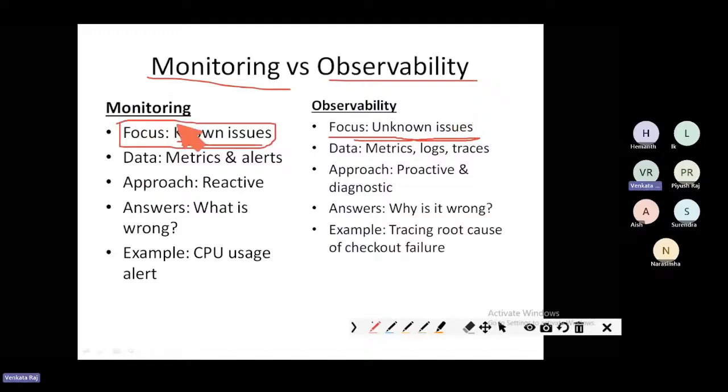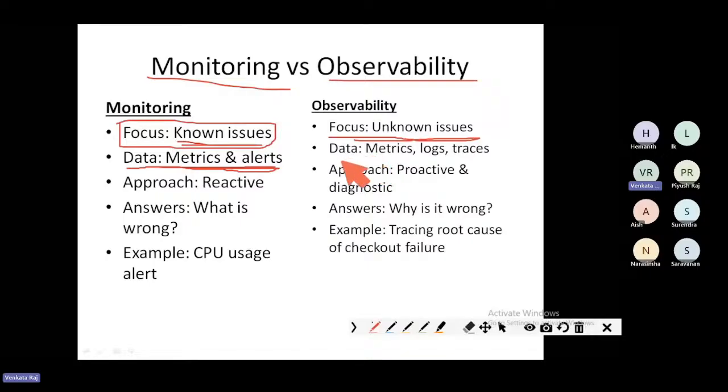In monitoring, what kind of data do you analyze, guys? It is primarily metrics and alerts. In case of monitoring, the data which we look into is primarily metrics and alerts. But in case of observability, these are again the three pillars, guys.